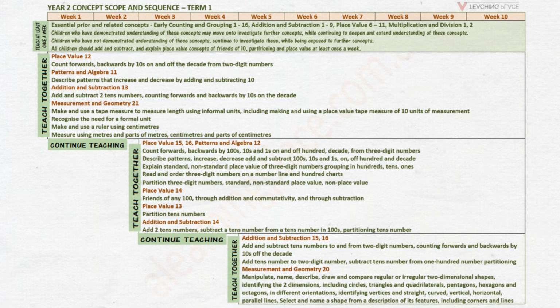These are prior knowledge needed to count by hundreds, tens and ones, explain place value of and partition three-digit numbers, friends of 100, partitioning tens numbers and adding and subtracting tens numbers and two-digit numbers using place value.